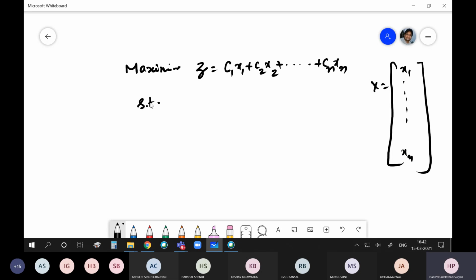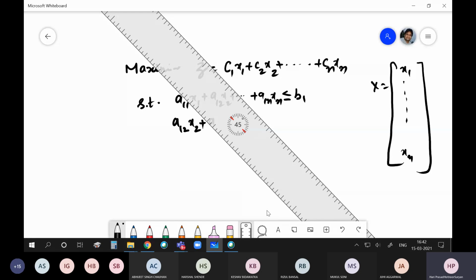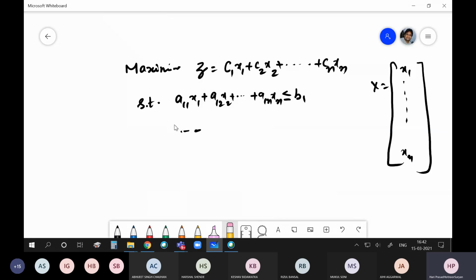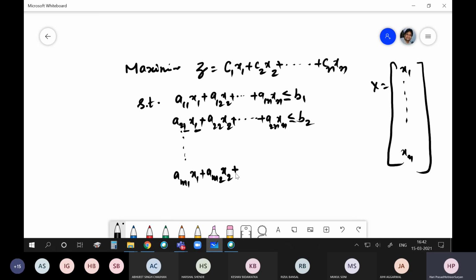Subject to the constraints a11 x1 plus a12 x2 plus a1n xn is less than or equal to b1, a21 x1 plus a22 x2 plus a2n xn less than or equal to b2, and so on, like this, am1 x1 plus am2 x2 plus amn xn.